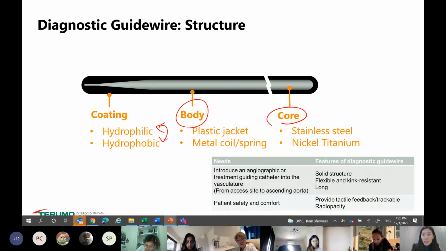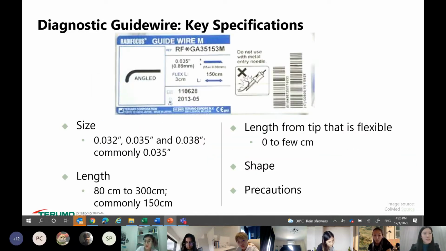For example, if you choose stainless steel, it gives you very good strength, right? It's a very strong metal. But nickel titanium, also known as nitinol, gives better flexibility and durability. So all kinds of variations bring out different features of the diagnostic guide wire, and so there's a variety of guide wires that you can see out there. But this is basically the main structure that you will see.